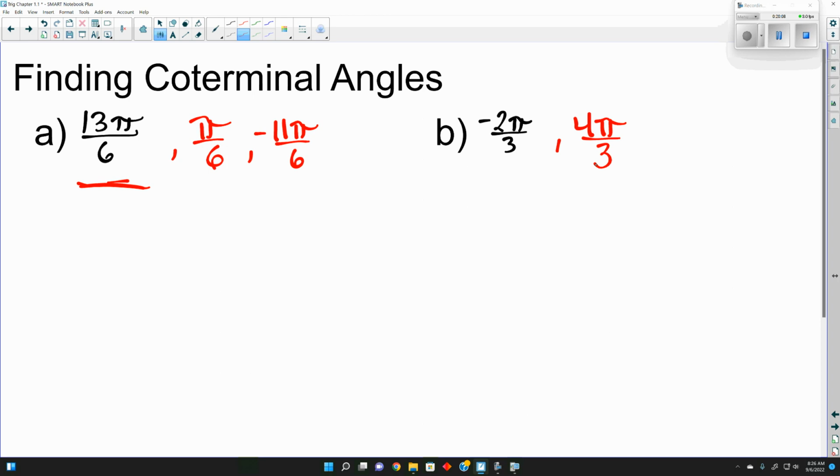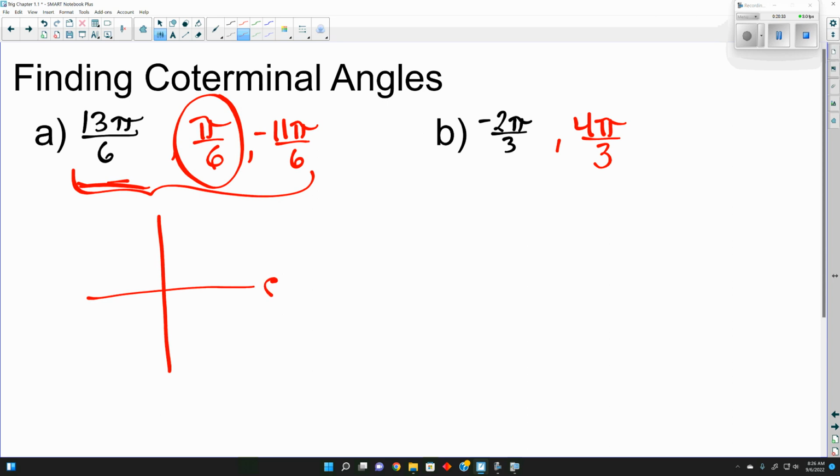Which quadrant would these angles here lie? Now this might be hard to see with 13 pi over 6 and 11 pi over 6. But if we look at pi over 6, it might be a little bit easier to see because we're talking about 1/6.